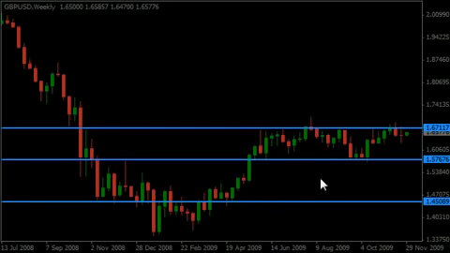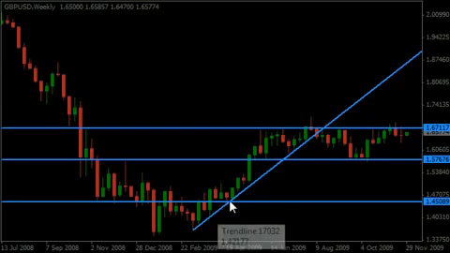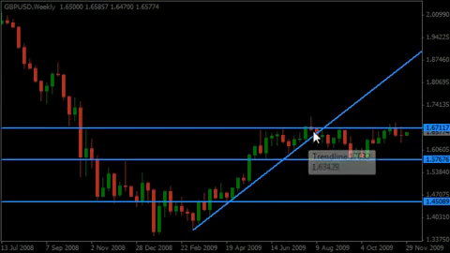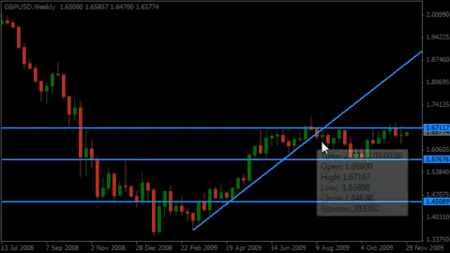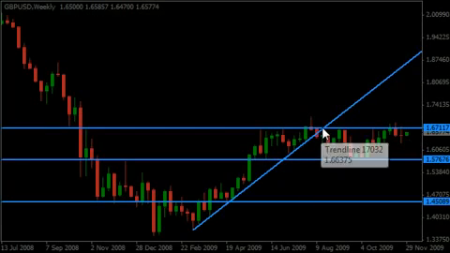We might consider that there's possibly some trend line support here. Let's have a look at that. At this point here, we had support all the way up here, then finally broken through, came back and acting as resistance here. So that's a valid support and resistance trend line there.